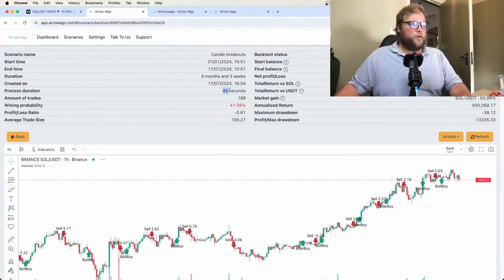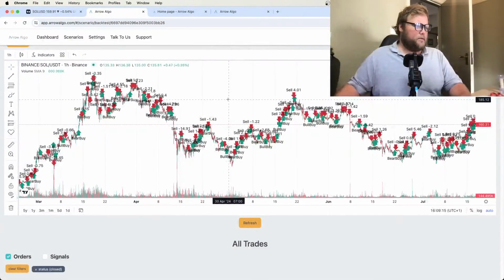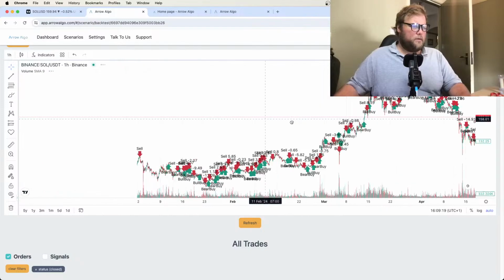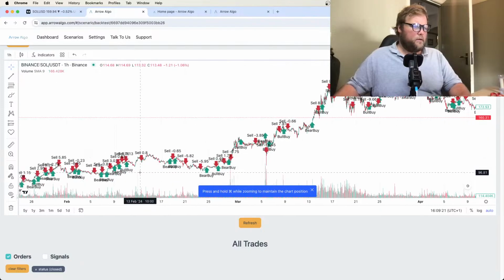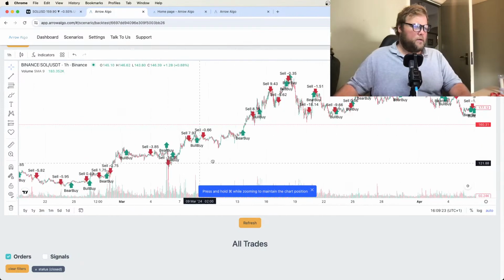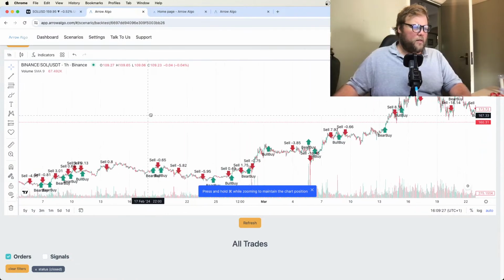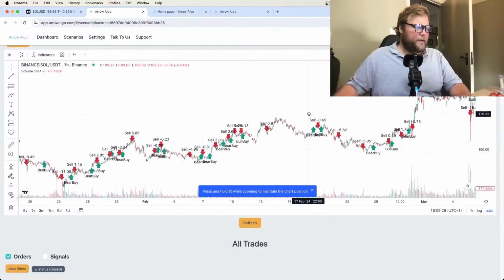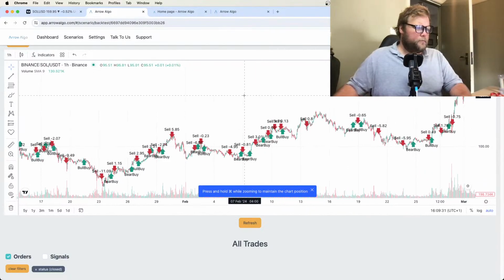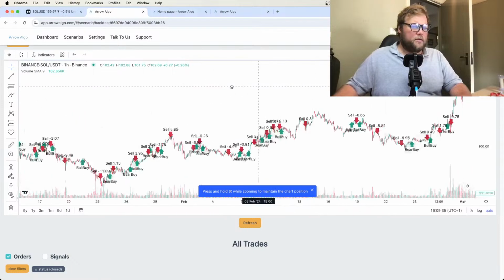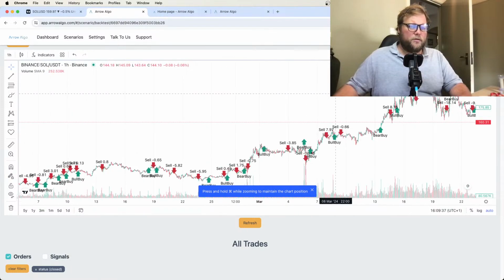This one took just 49 seconds, that test. And there are still some nice gainers in here, it's not all bad. So we can reduce some of this noise as well, maybe take out some of the bad signals, then we could turn this into a nice strategy.